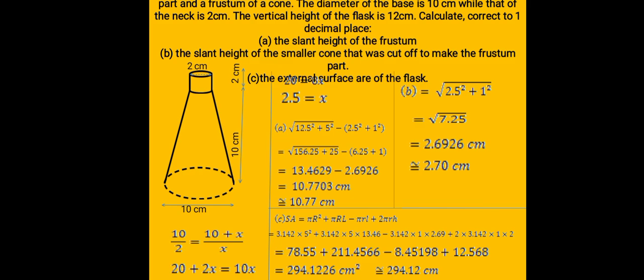Now if we relate, we have the bottom radius as 10, the upper radius as 2. If we relate to the height, 10 will represent the height of 10 plus x, and 2 will represent the height of x. That is using the linear scale factor. So we find that x is 2.5.